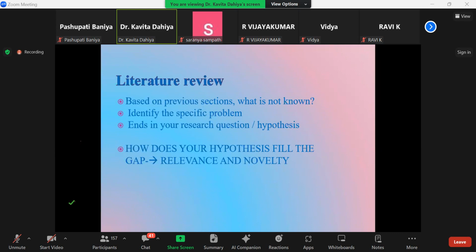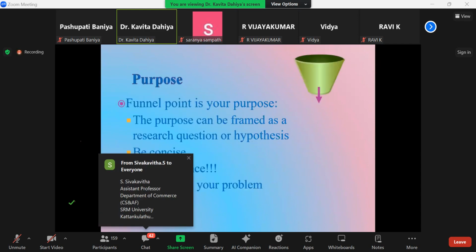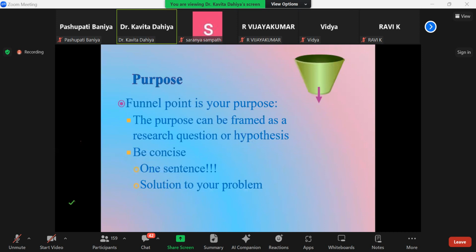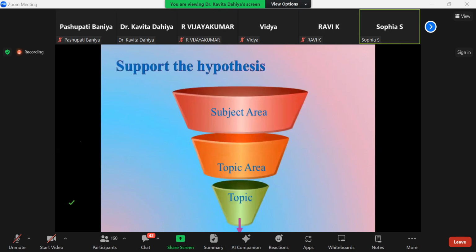And during the research, we are focused on justifying the hypothesis that we have derived. So the lowest or bottom part of the funnel represents the purpose, which can be framed as a research question or hypothesis that needs to be very concise. A one-sentence solution of your problem. As I told you, rural entrepreneurship in Haryana basically needs to be in one sentence, very concise. So this is the support of the hypothesis.